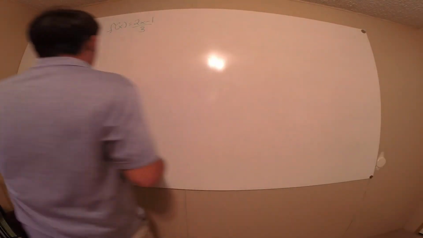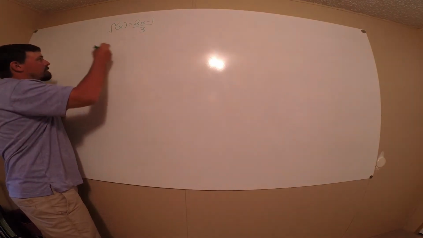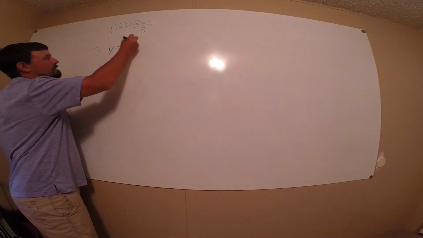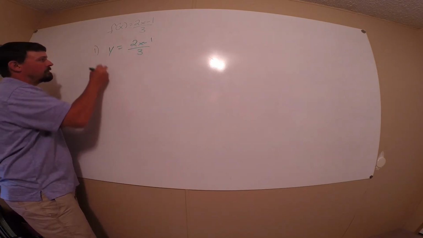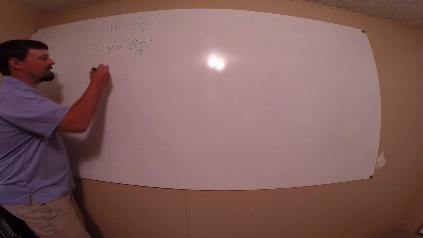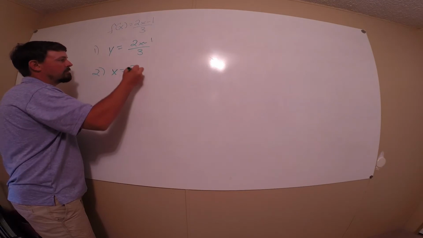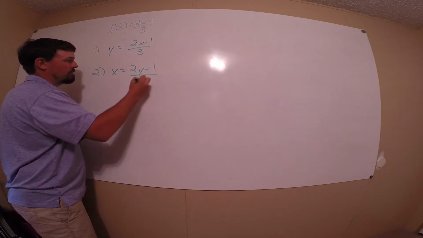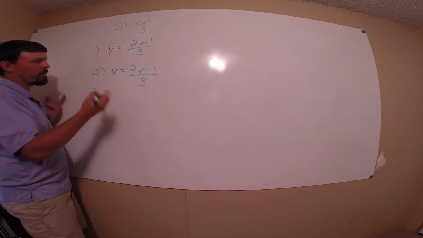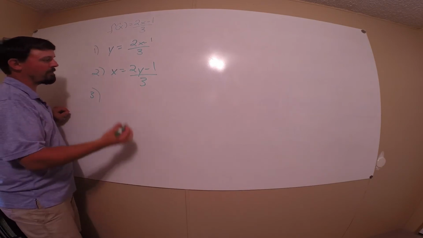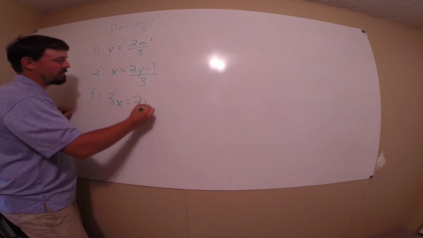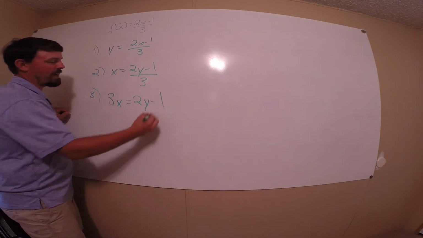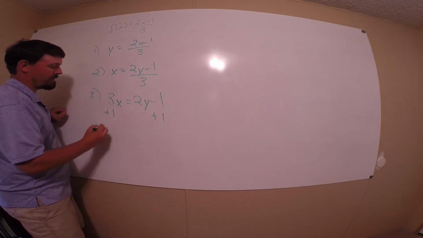Alright, so step 1, replace f of x with y. Step 2, we are going to switch my x's and my y's. Step 3, I'm going to solve for y. Okay, that means I need to multiply by 3 here to get it off the denominator. So 3x equals 2y minus 1. I need to add 1 to each side.